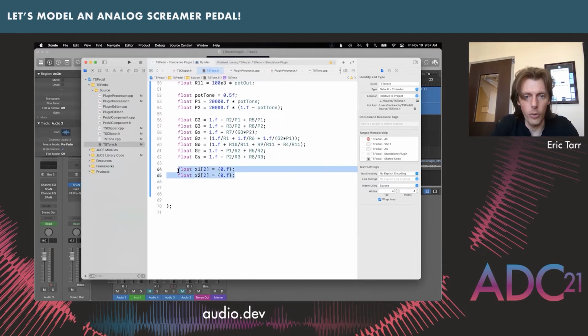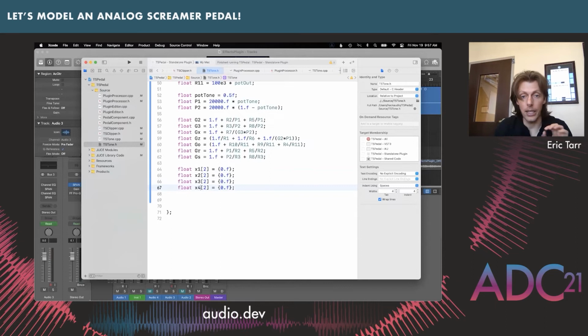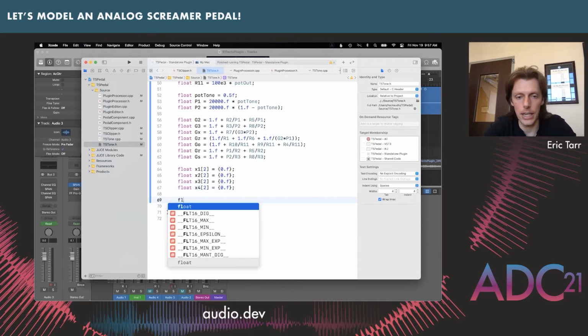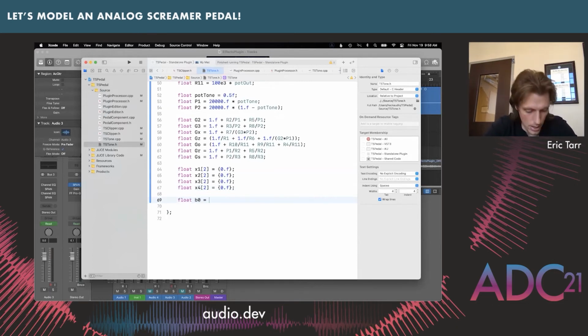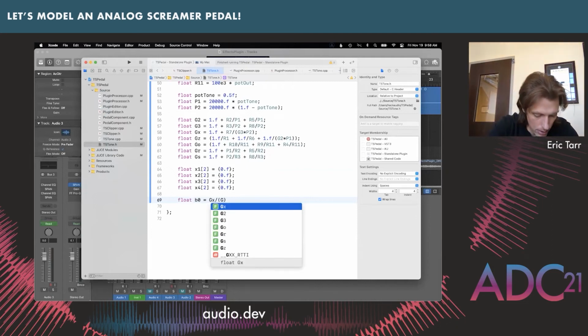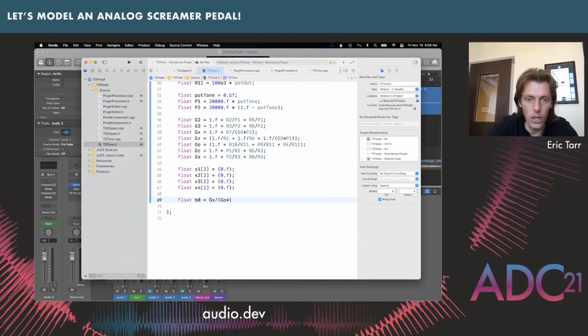So there's a total of 4 of them. And for each one, you have to have a different one in memory for the left and the right. And then I have these filter coefficients that I've just called B0, Gx divided by G0, R6, and Gz.